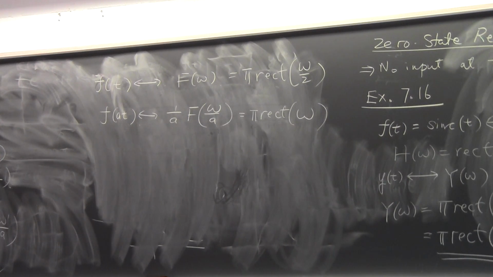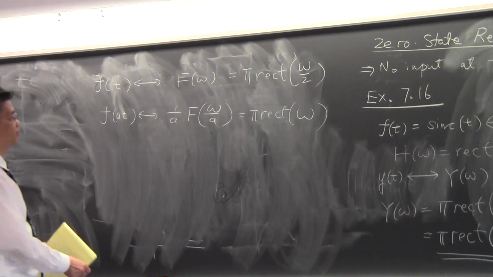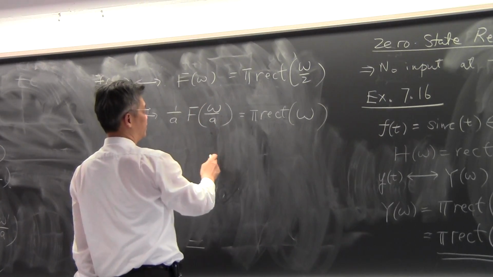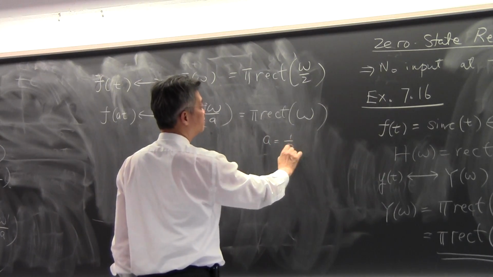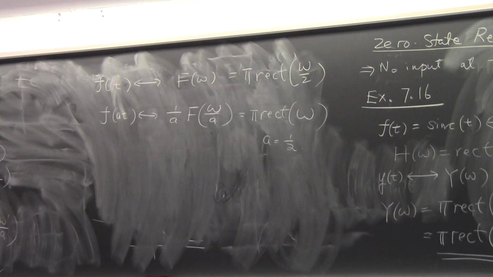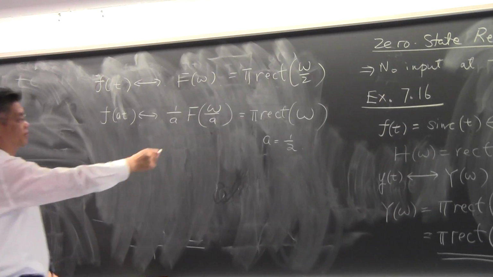Omega over 2 divided by 2 divided by half, so times 2. So going from here to here, I need a equal to half. Yeah, then it's right.